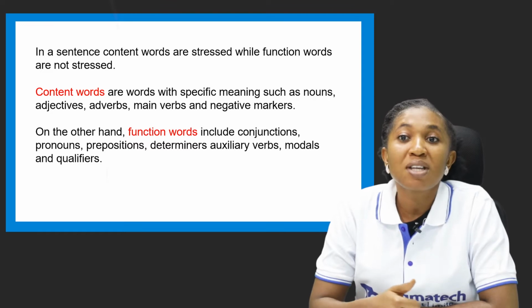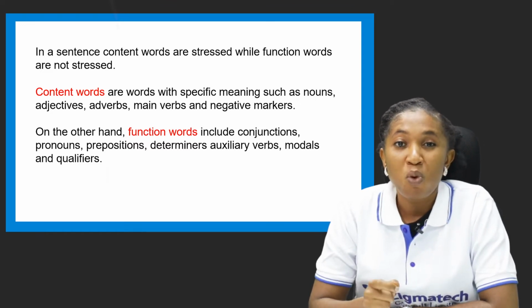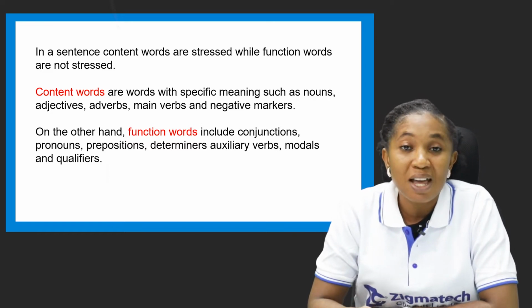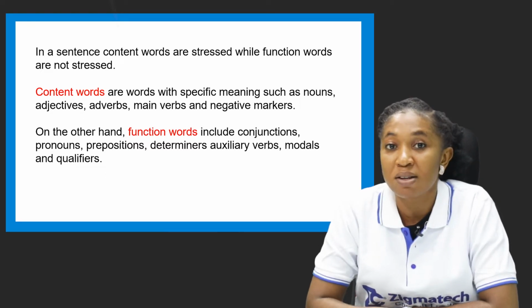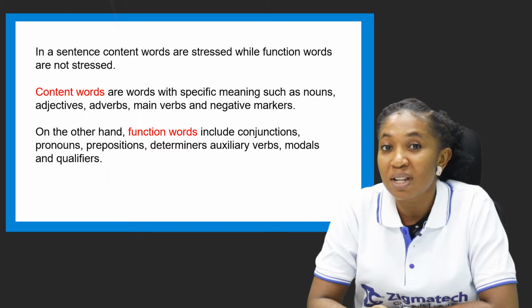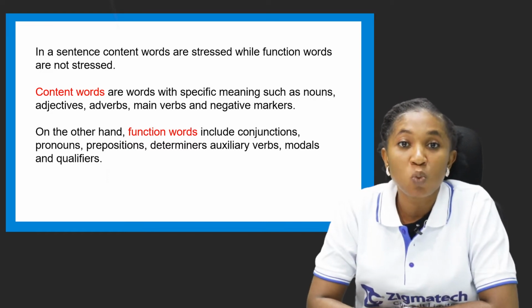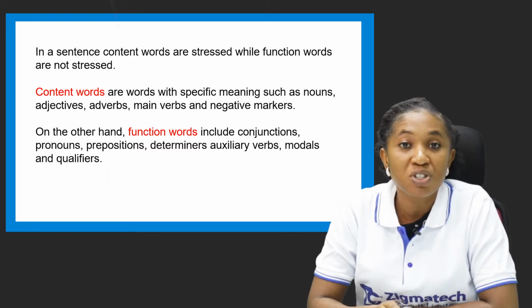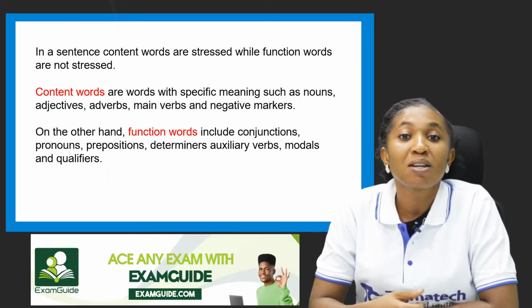Content words are words which carry specific meanings in sentences, such as nouns, adjectives, adverbs, main verbs, and negative markers. By negative markers, we mean words like not and never. On the other hand, function words include conjunctions, pronouns, prepositions, determiners, auxiliary verbs, modals, and qualifiers.